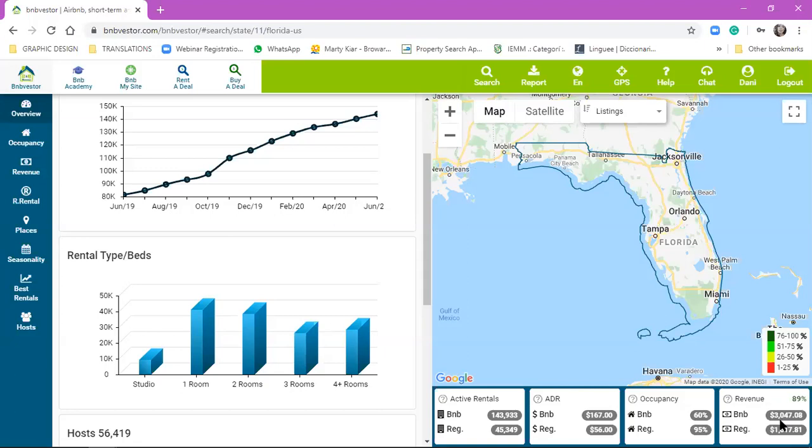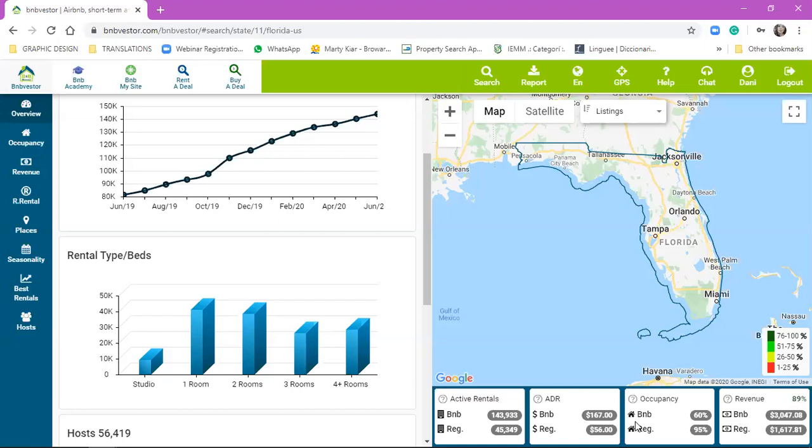And then we have the revenue. The revenue is the total monthly income. It does not include taxes, service charges, or additional charges like Netflix, hot water, or electricity bill. None of that is included in the revenue. So the BNB revenue, according to the ADR and occupancy rate, is $3,047.